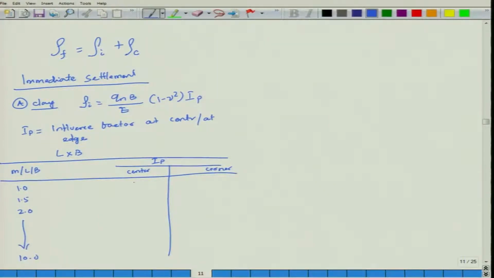So it will be 1.12, then for 1.5 it will be 1.36, for 2.0 it will be 1.52, then for 10 it is 2.53. At the corner, half the value at the center has been taken. Suppose this is 1.12, then at the corner 1.12 by 2 has to be taken into consideration.